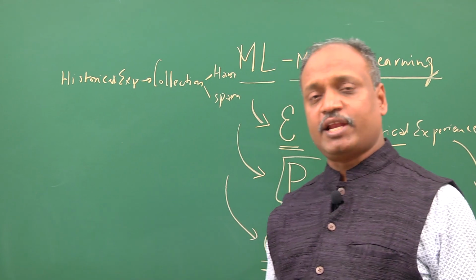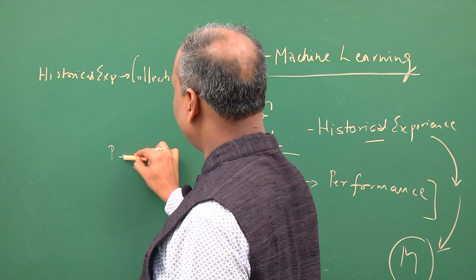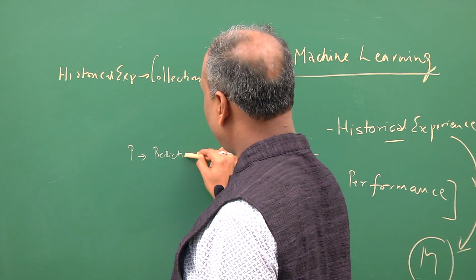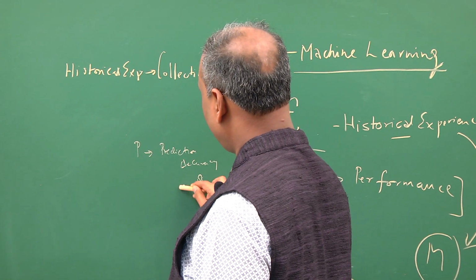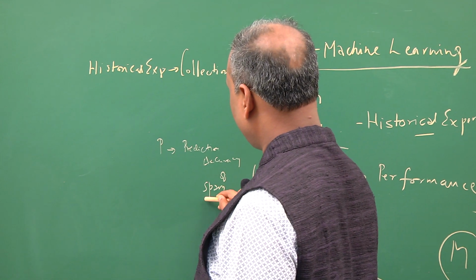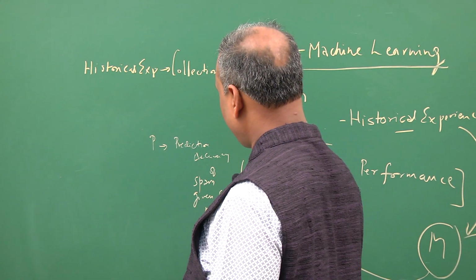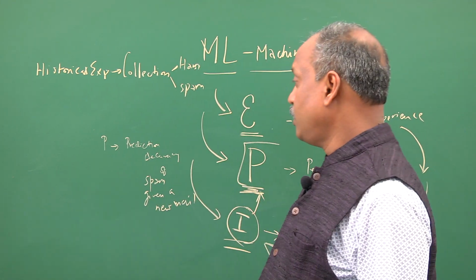So you have a whole bunch of collection. Then the performance notion is prediction accuracy of spam given a new mail to the spam filter.